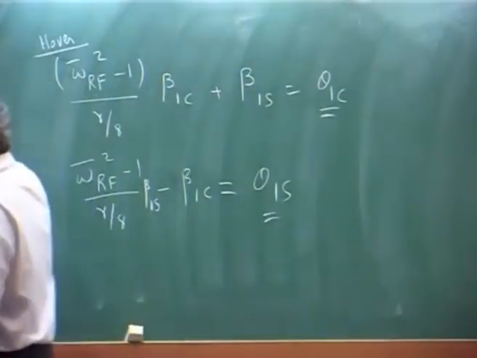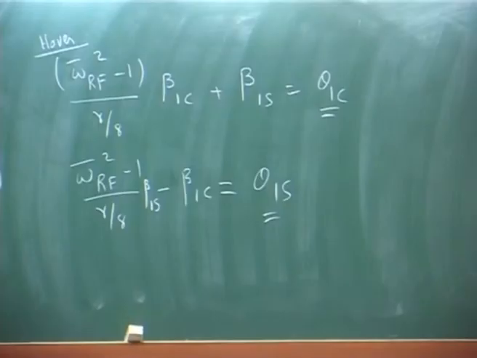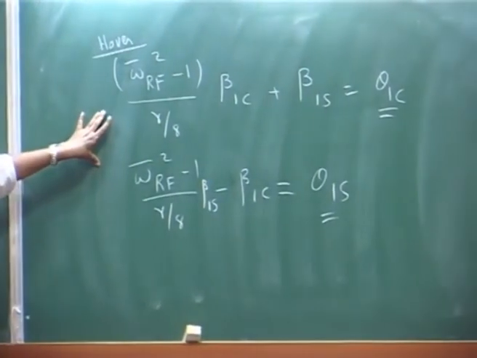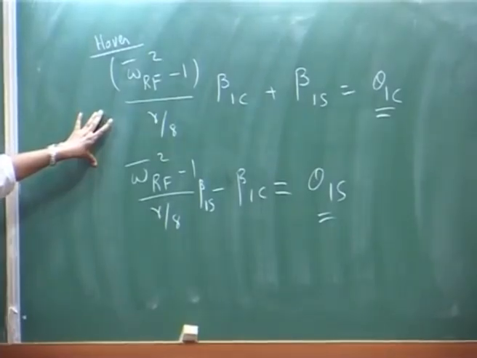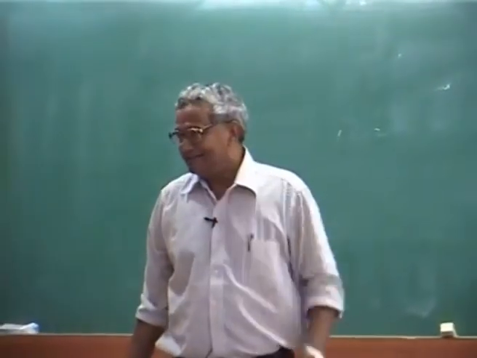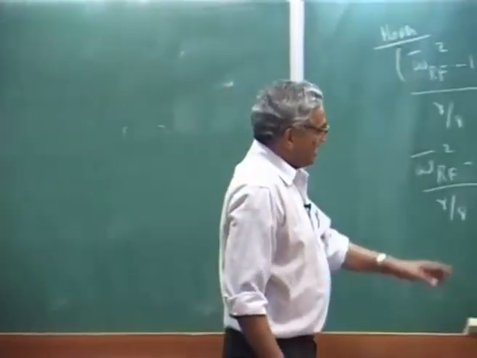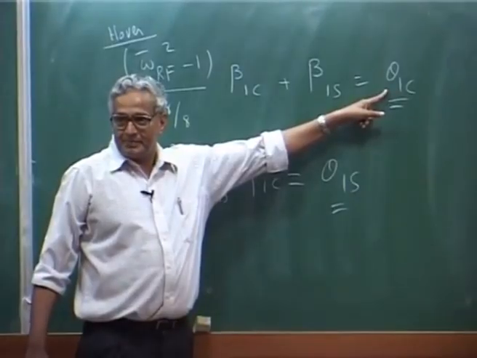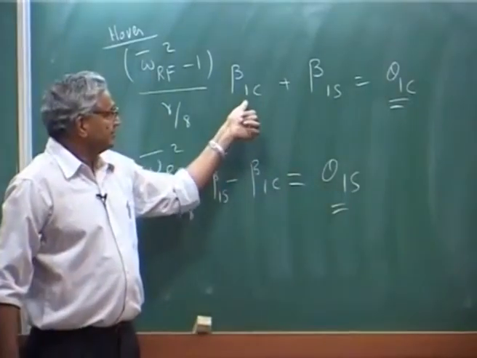Now, if you write that, I will just briefly see from these two equations, you see that there is a coupling between longitudinal and lateral, in the sense, if I give theta 1 c, I am having these two.